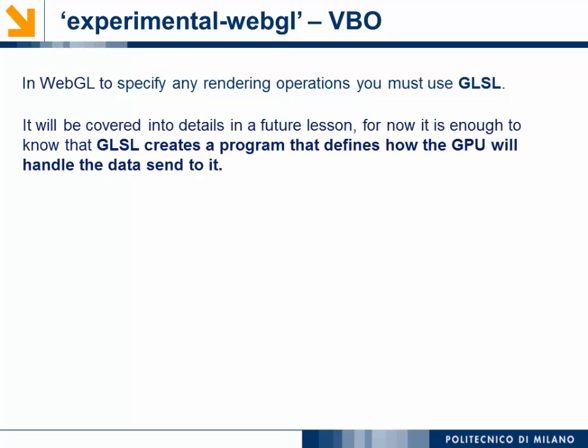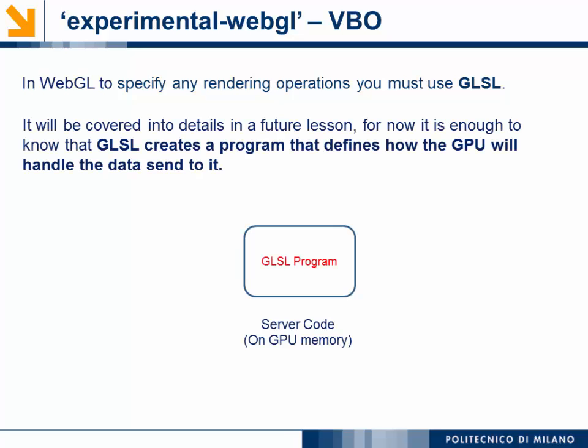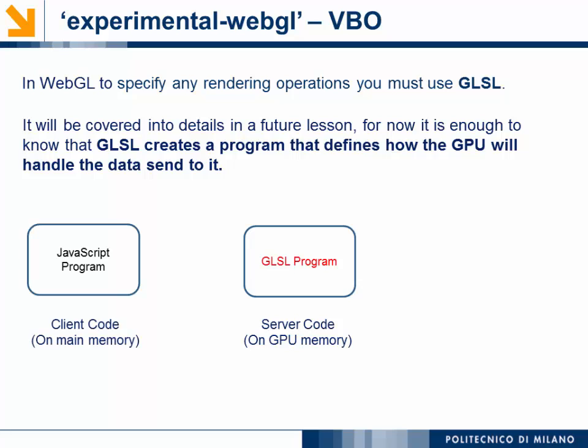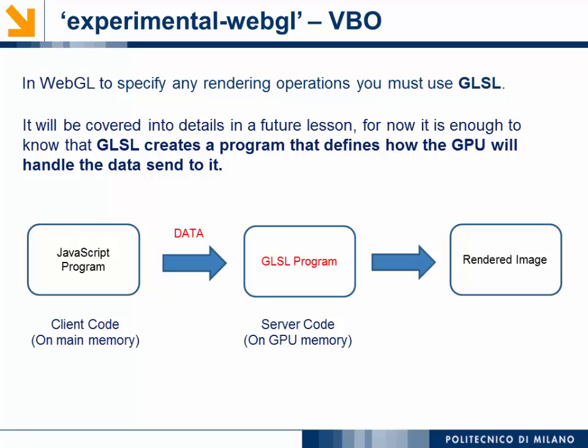We will see it in detail later. The GLSL program, like the buffers, resides on the GPU memory. The client code on main memory holds anything else. So we have sent the data to the same memory in which the GLSL program resides, in order to obtain the rendered image.